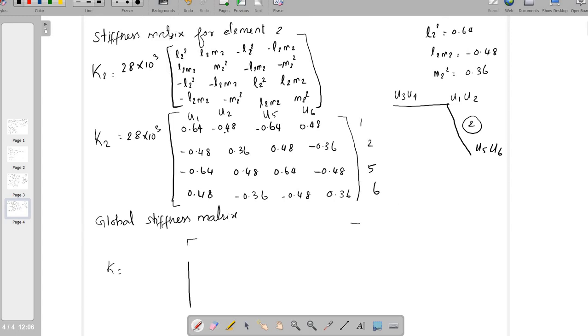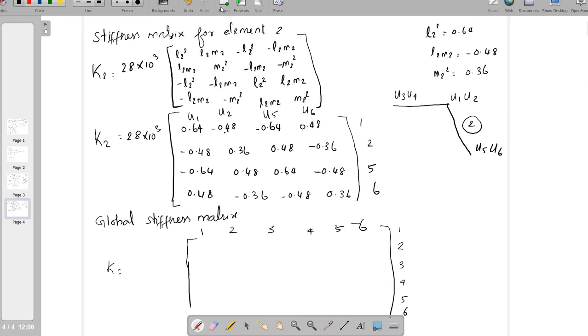I am going to number this matrix 1, 2, 3, 4, 5 and 6, column wise also 1 to 6. Our structure stiffness matrix should include the stiffness values of all the nodes.